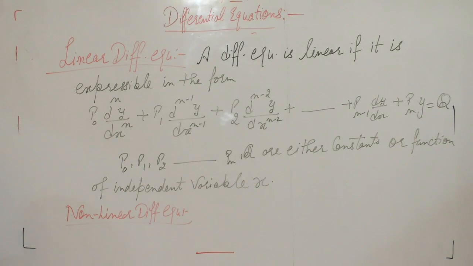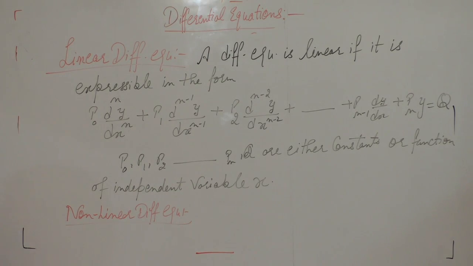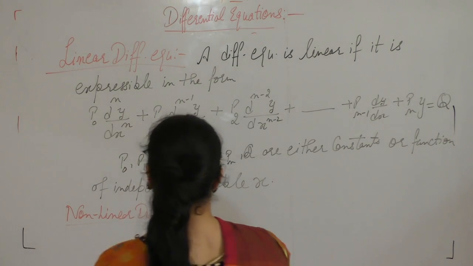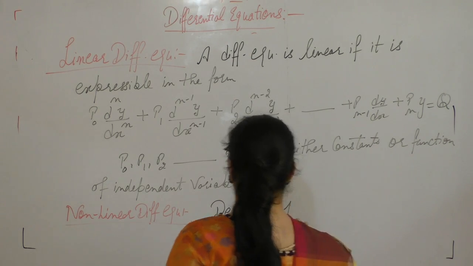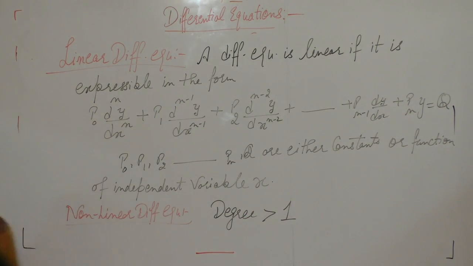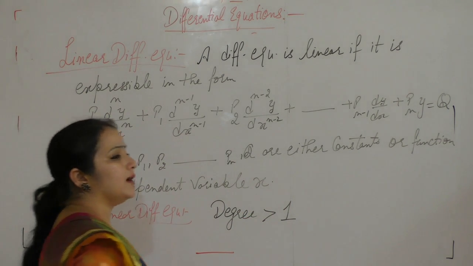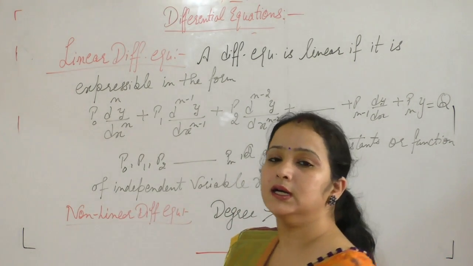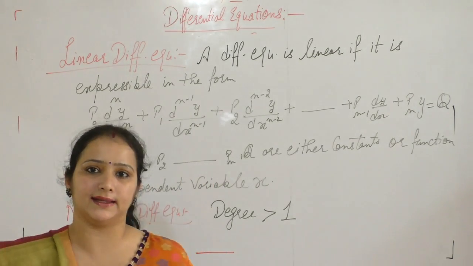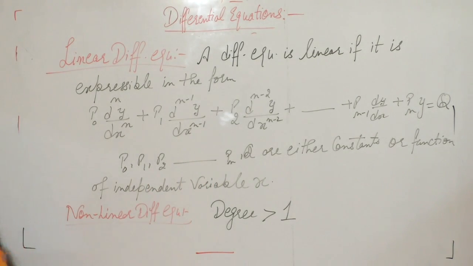And non-linear differential equation, अगर non-linear differential equation कब है, if its degree is more than 1, any of differential coefficient has exponent more than 1. कोई भी differential equation का exponent means power is more than 1, then it is non-linear.